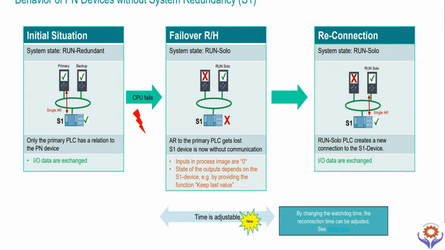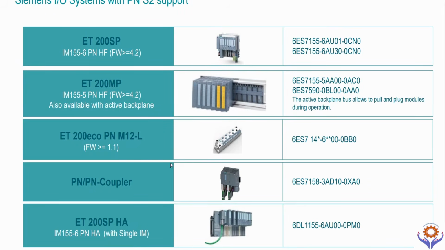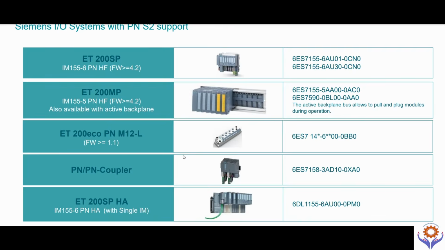And the hot standby failover time is less than 50 milliseconds or 300 milliseconds. In our case, the time is adjusted automatically and the IOs are exchanged between the primary and hot standby continuously within this millisecond. The supported IO systems are ET200SP, ET200MP, ET200 Eco, Profinet, and also PN coupler, and also ET200SP high availability.